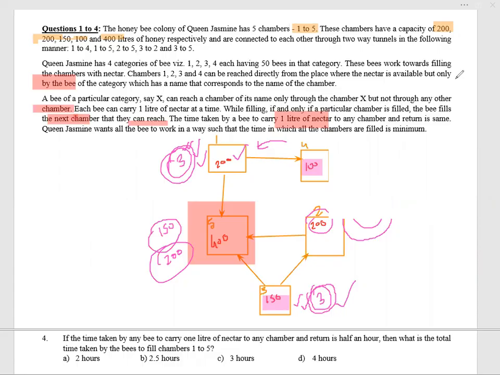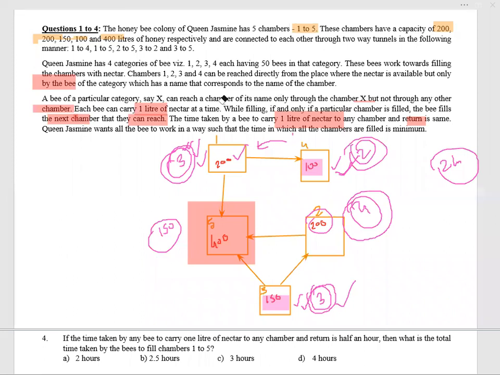So what we can do here: first 1.5 hours means 3 units of time. These 3 will be filled up. Then extra bees of category 4 cannot go. Next half an hour, first 3 units filled up here, 3 units filled up here, 2 units filled up here, 1 extra went here.